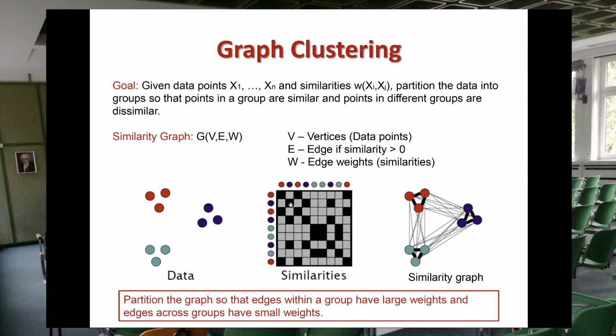For example, in this position you will write the weight of the connection between this node and this node. And since this W is symmetric, our similarity matrix is also symmetric.